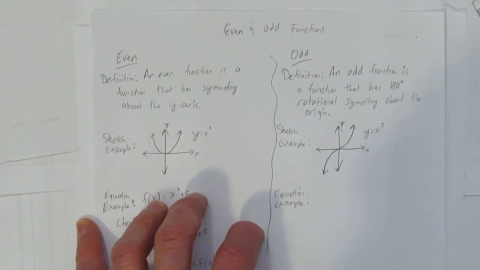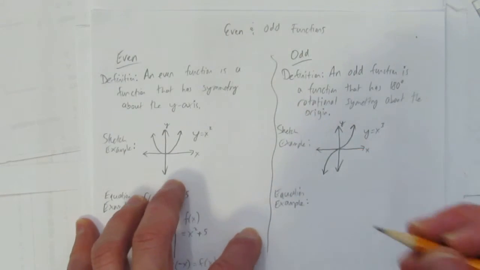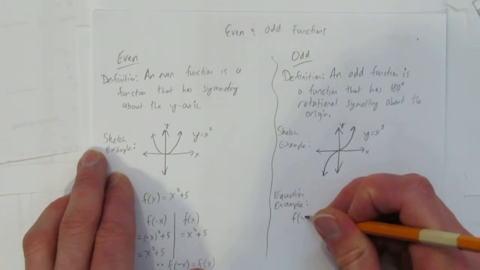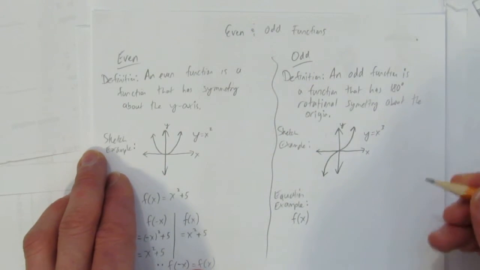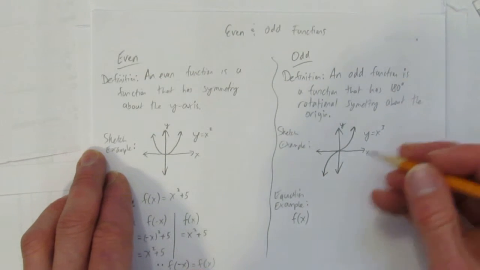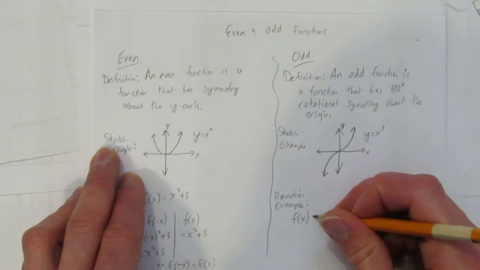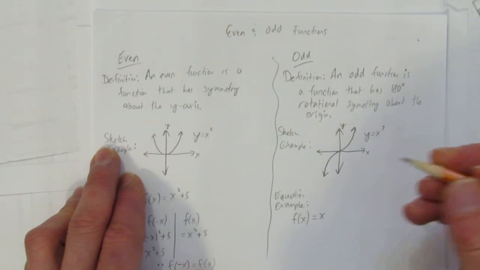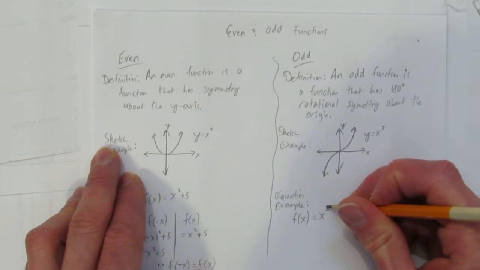So what about a function, and we wanted to check to see if a function, given its equation, is odd? So let's, in fact, let's use the same one just to make it clear. Let's check this function. We already know, just by looking at it, you can see this function is odd.